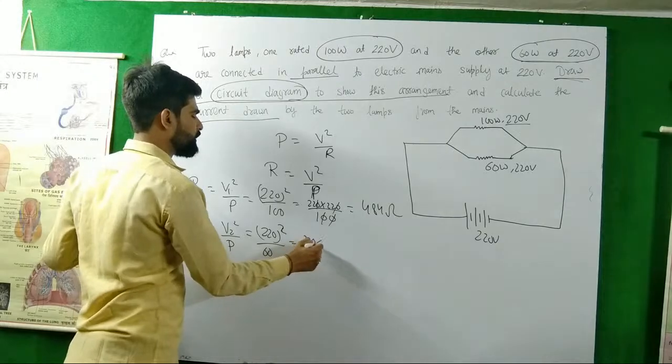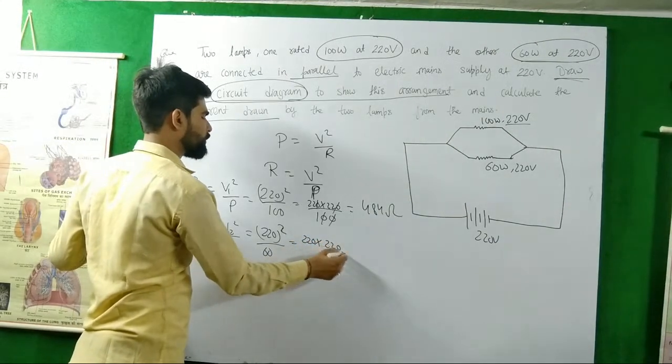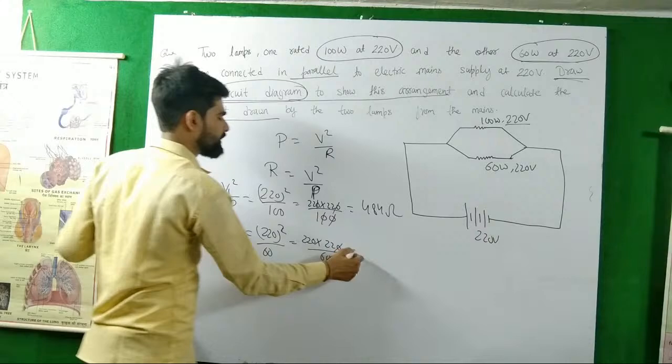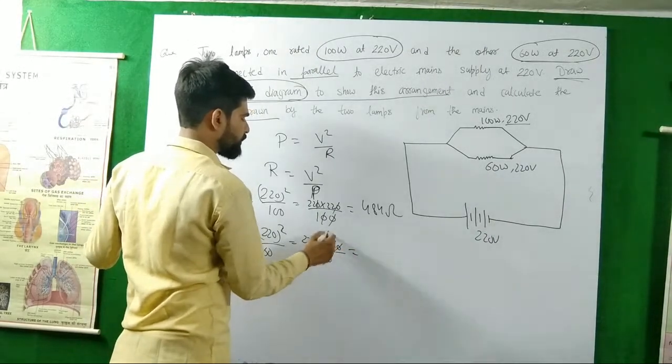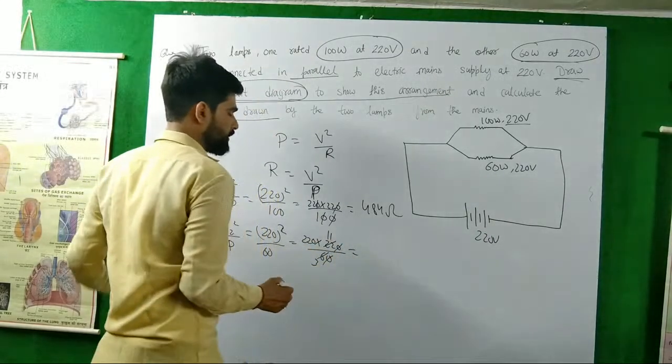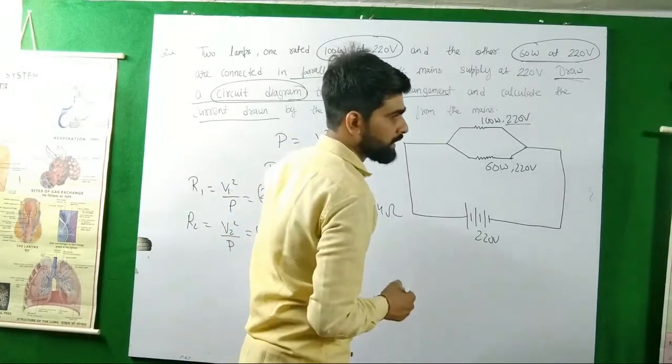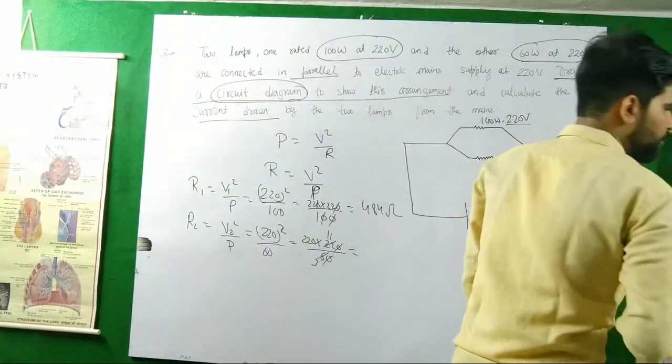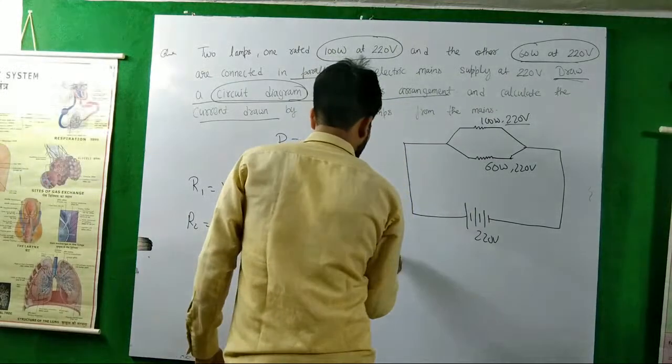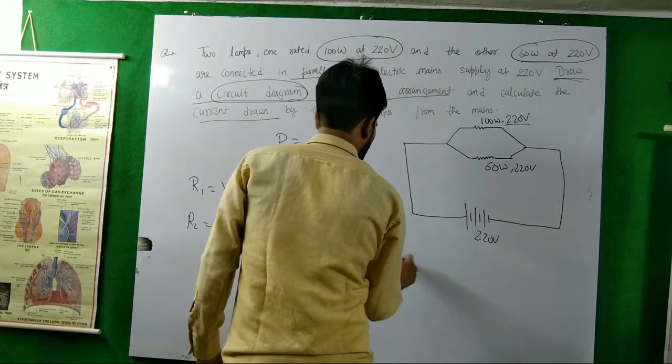Now we calculate 220 square upon 60. One zero cancels out, 22 times 22 is 484, so we get 2420 upon 3 ohm.